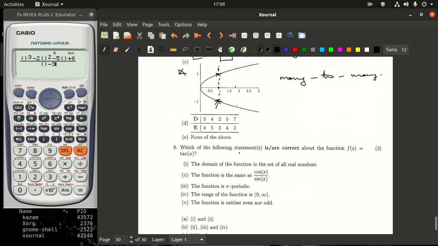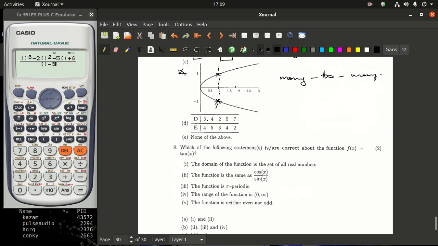Now let's go to D. In D, we have 3, 4, 2, 5, 7. First of all, these are all different. So this is a table of a function. Now we want to look at the outputs. Are they all the same, or are they all different? If you look into this, you have a 4 here, you have a 4 there.